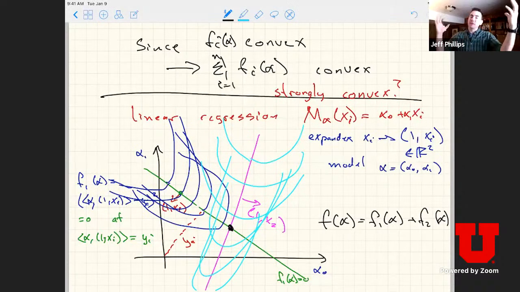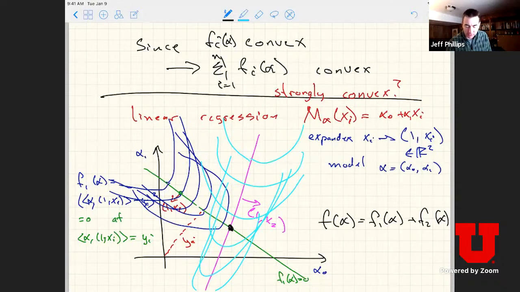But everywhere else, in at least some direction, it's growing quadratically in all the other directions. So this is true: if I put two of these functions together, it's going to be strongly convex now in this two-dimensional space.